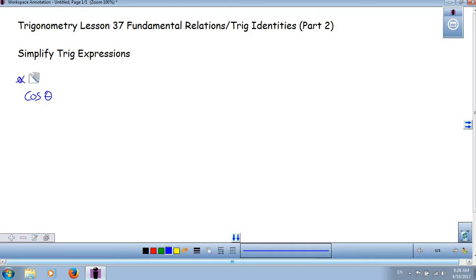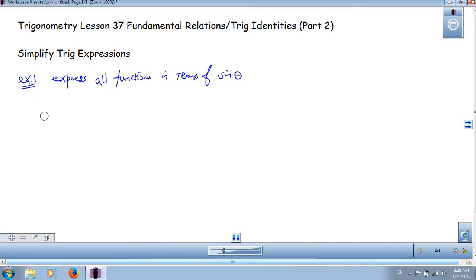Example 1: express all functions in terms of sine theta. So we're going to look at every function and try to express them in terms of sine theta.